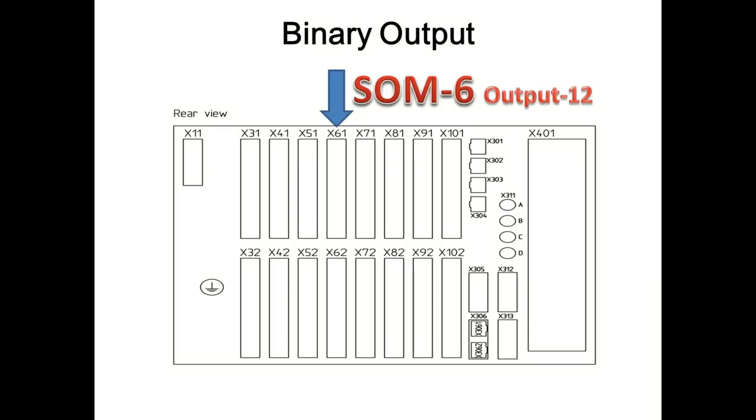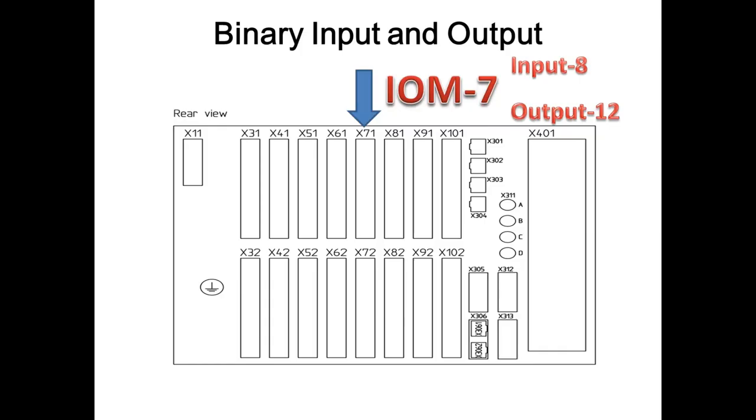In this, the 12 outputs are very fast, they are static outputs. This kind of output is named SOM, and you can differentiate it from the other outputs because the others have 24, but this special type has only 12. The card may be X41, 51, whatever it may be.